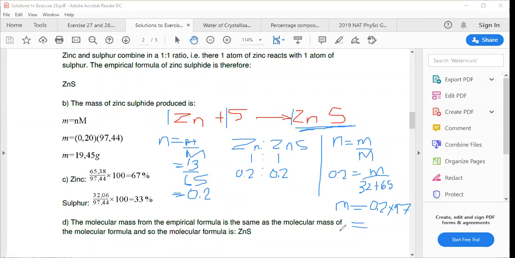Right, so you multiply 0.2 by 97, then you get your answer, 19.4 grams. Never mind about this one here, I'm writing with a mouse here. That's what I get, which is the same answer as simply adding those two numbers that I had.